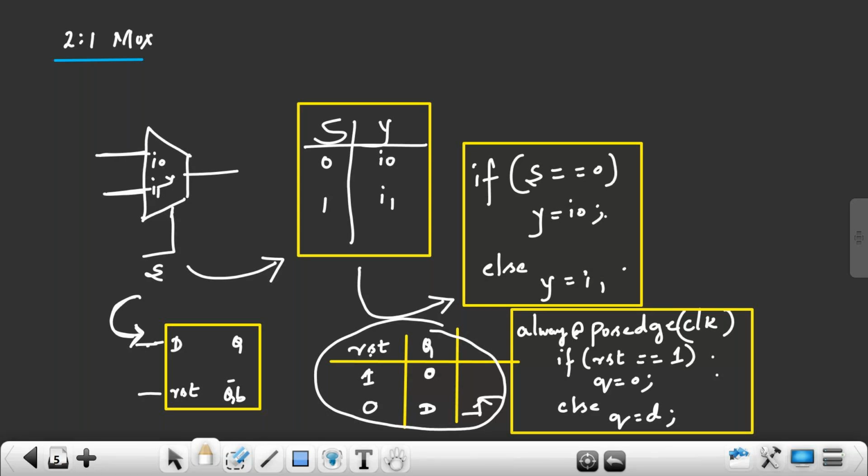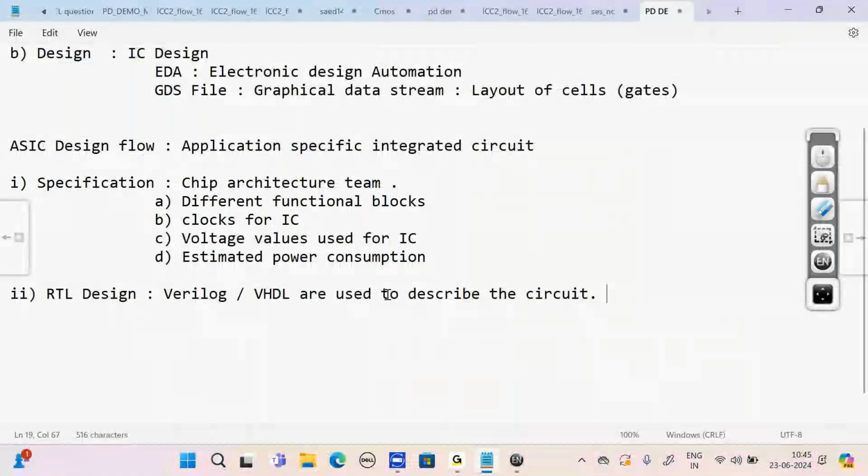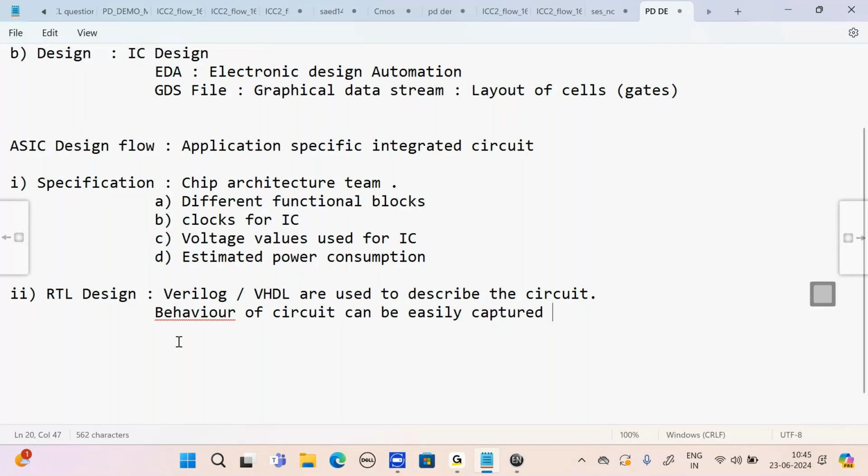So that is why we use Verilog or VHDL. By using Verilog or VHDL, the behavior of a circuit can be easily captured, by using if statements.